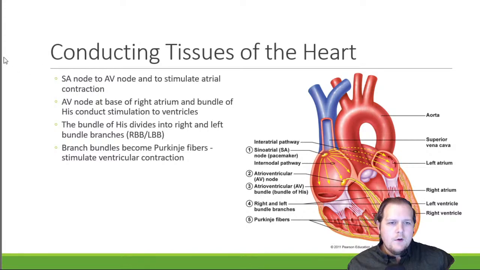So again, when you're looking at this, the SA node is going to spread its wave of depolarization throughout the atria, which is why you'll see your atria contract first. And then that signal will travel through the AV node, down through the Purkinje fibers, through the bundle of His and all that good stuff, and then spread through the ventricles, right?